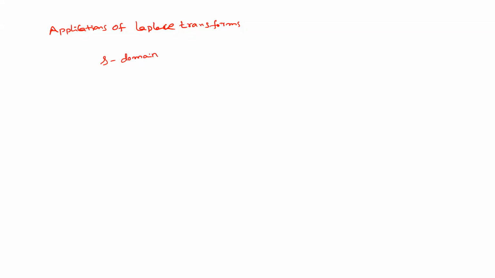So now we have three electrical elements. One is the resistor, another is the inductor, and we have the capacitor. How these elements can be transformed into Laplace, that we will study now, right? So let us assume this is the resistor and its voltage is V of t and its current is I of t.